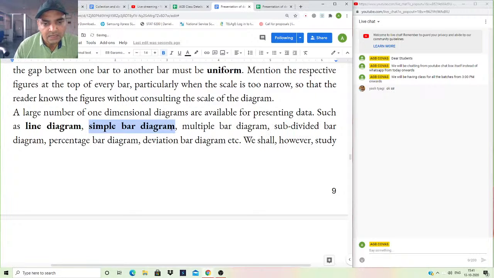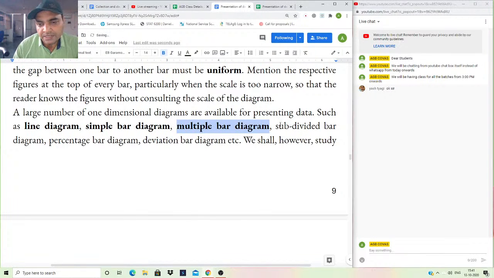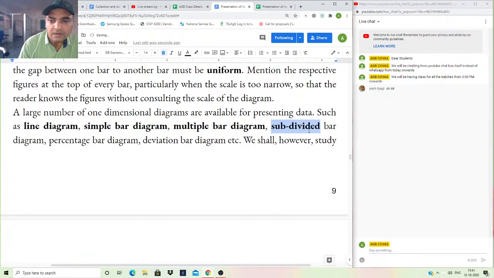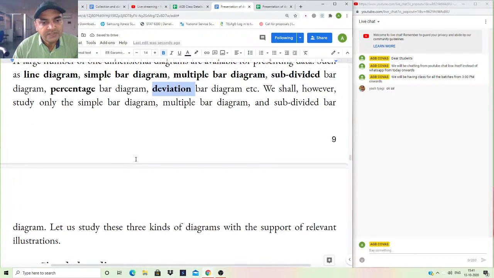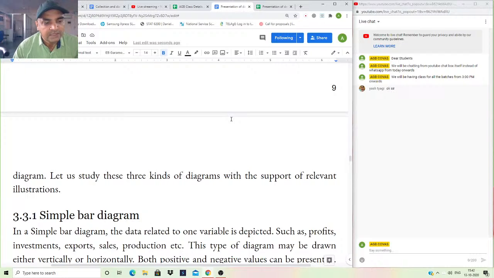Okay, so these are some of the bar diagrams which can be studied under this one dimensional bar diagram. Okay, percentage, then deviation. Okay, and however we will be studying here simple bar diagram, multiple bar diagram, and subdivided bar. Okay, so we will be studying these things.